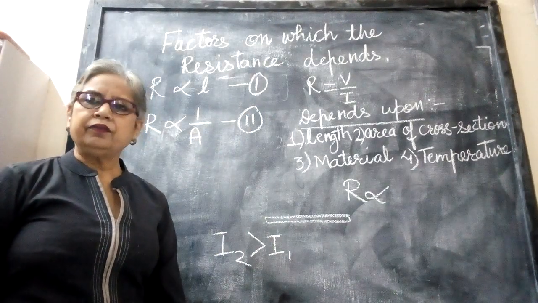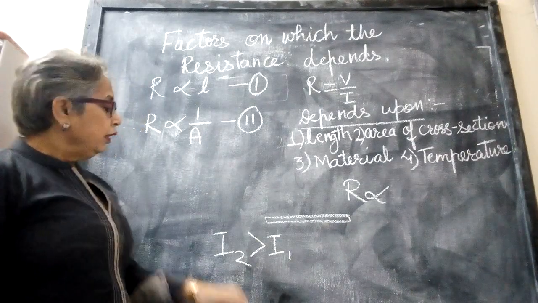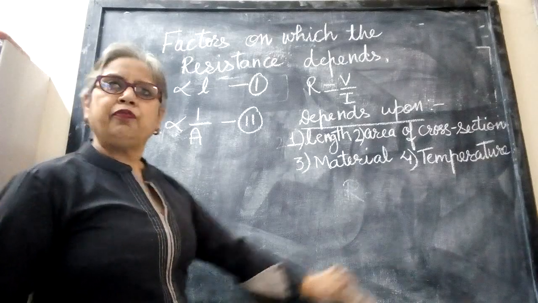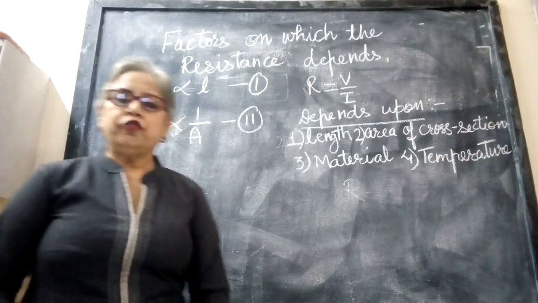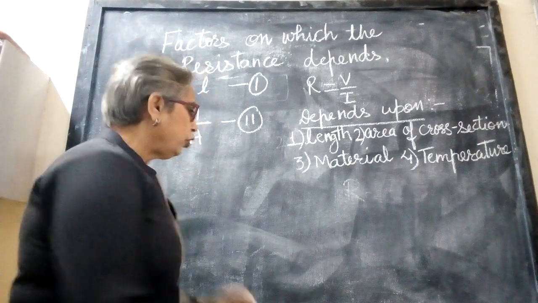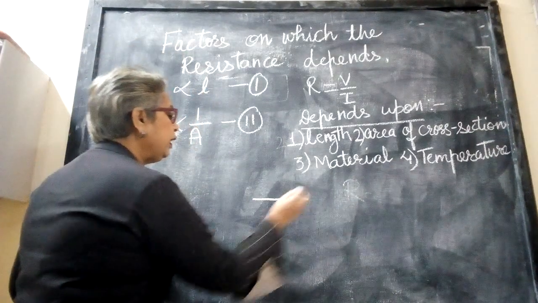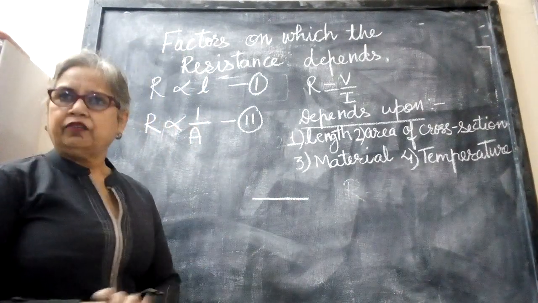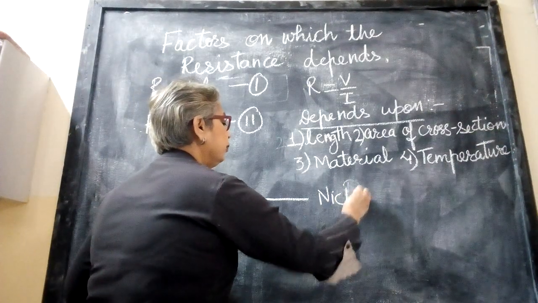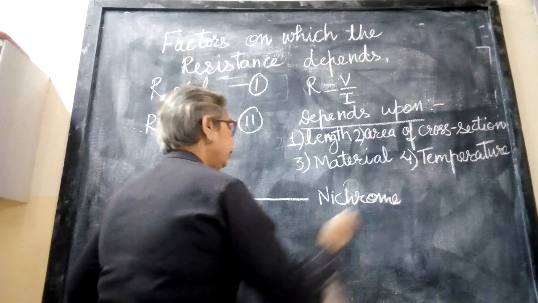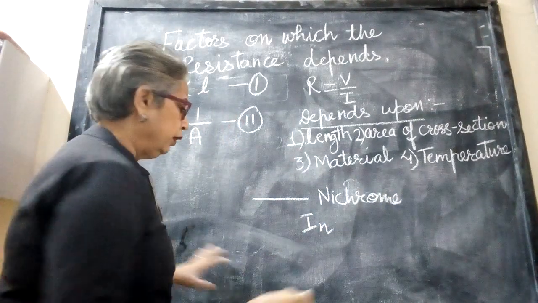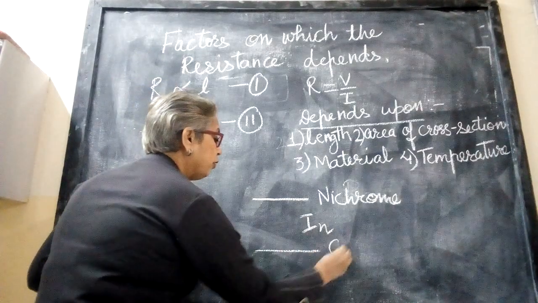Is this clear? Right? Now there is another activity, I think 12.2 in your NCERT book, where you change the material of the wire. Let us say it was nichrome wire. So IN is the current through nichrome wire. Then you take copper wire.